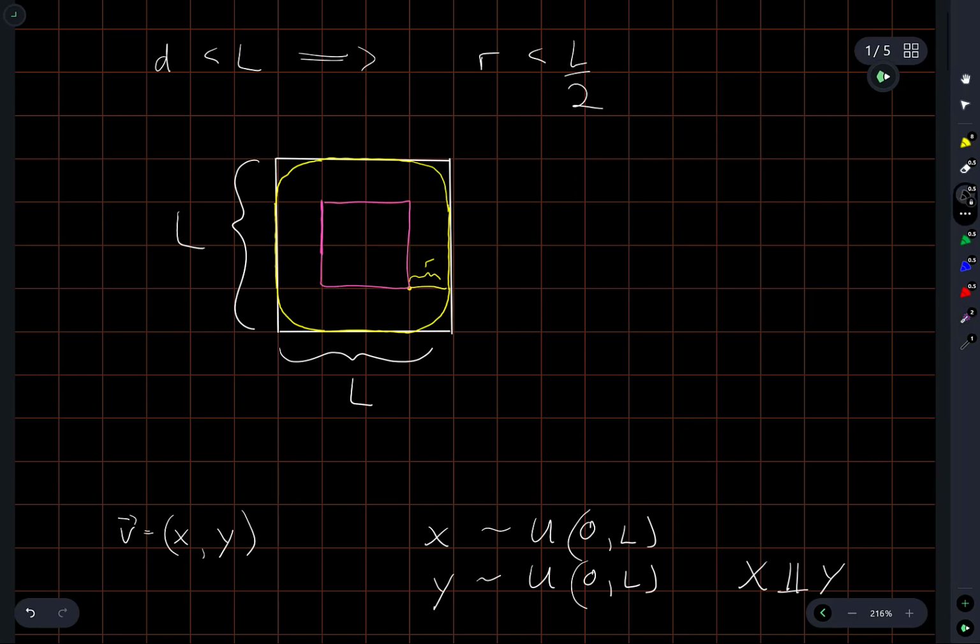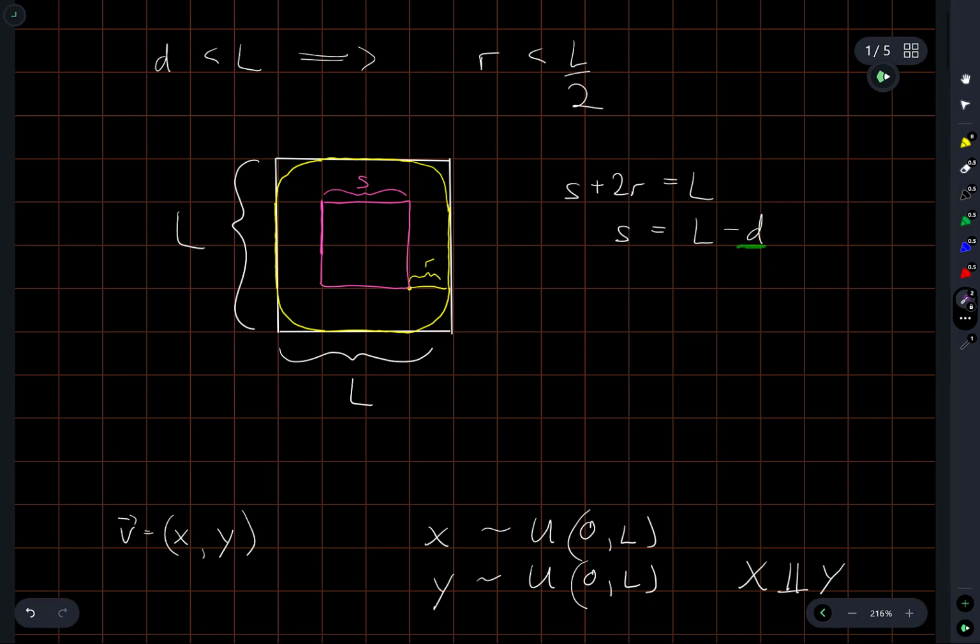Well, it's clearly going to be the side length of that square. Let's call it S. Well, the relationship I need here is that S plus 2R is equal to L. So S is equal to L minus D. Okay, let's make sure this makes sense.